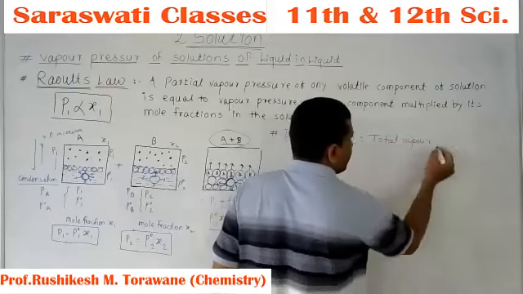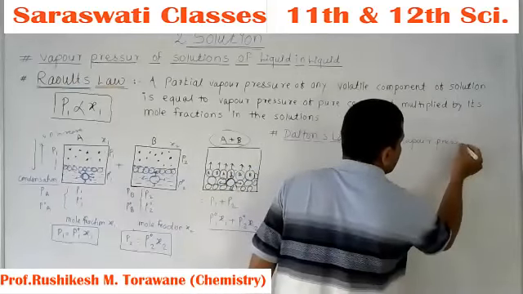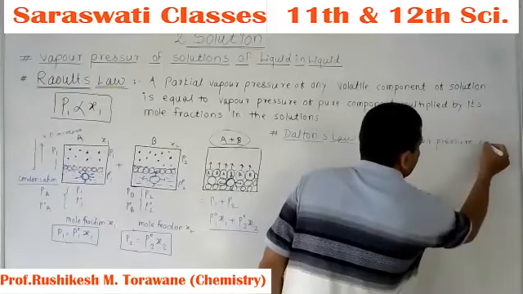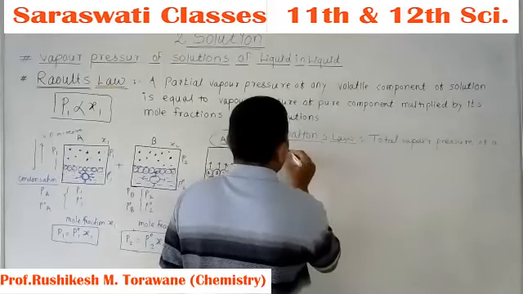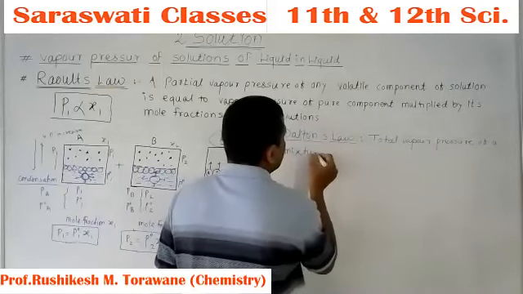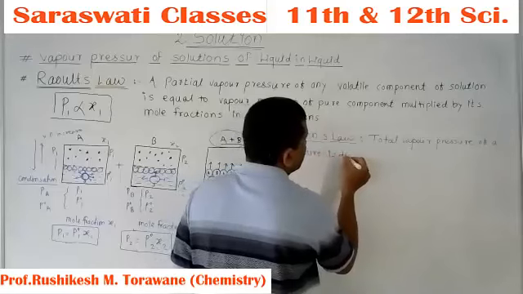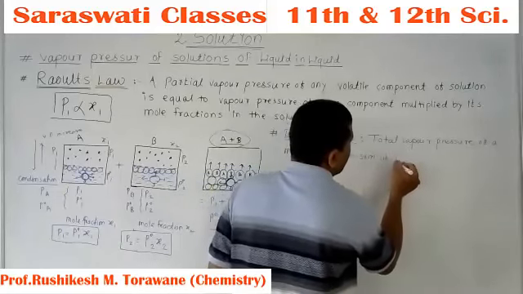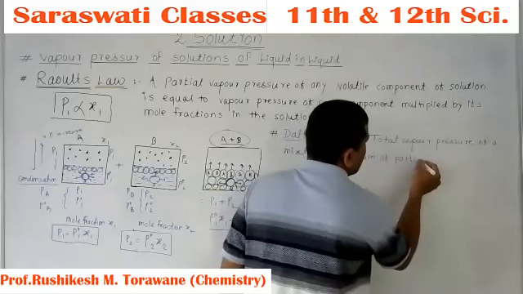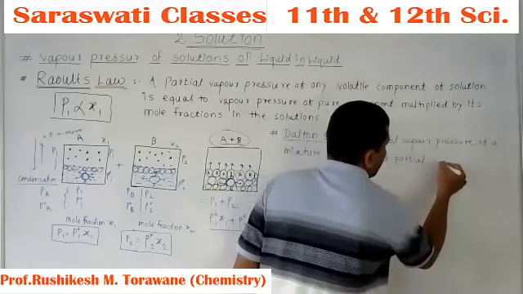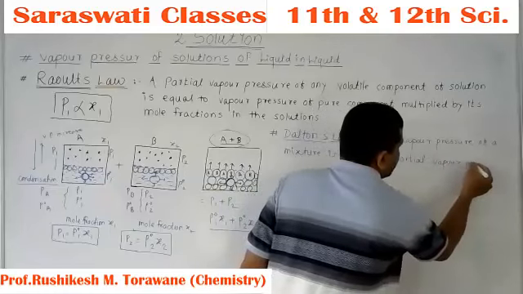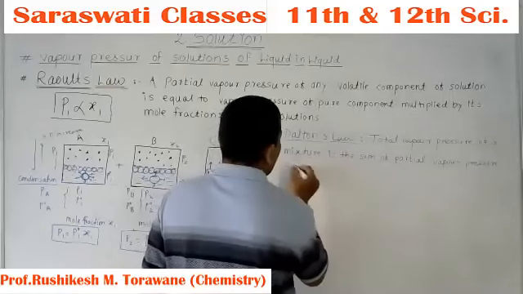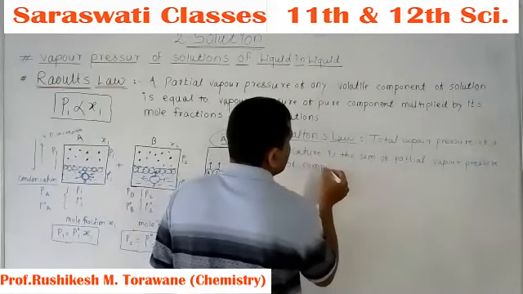The total vapor pressure of a mixture is the sum of the partial vapor pressures of the components.